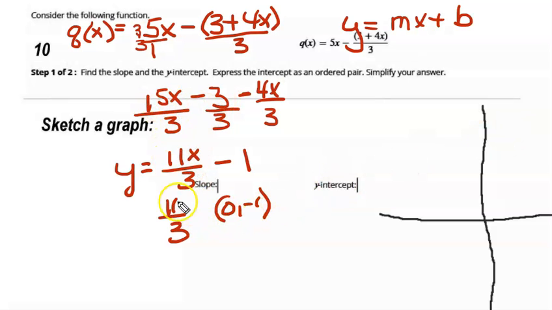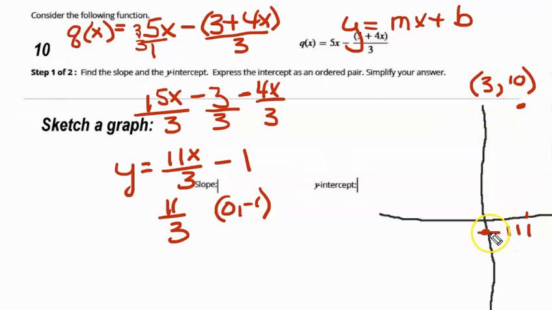I can go back to my other screen now. And there is the protocol to get it. I just have to graph it now. This would be a negative 1 right here. Then I have to count up. Well, I'm going to go over 3. 1, 2, 3. There's 1. I go up 10 right there. So this is going to be 3, comma, 10.